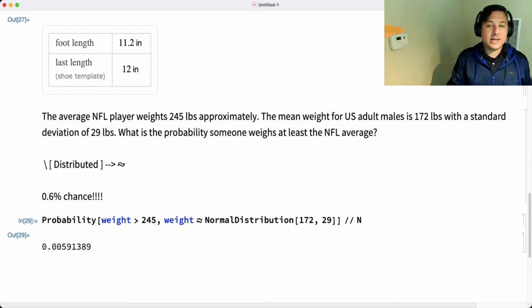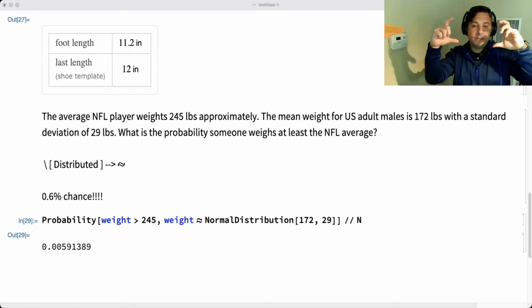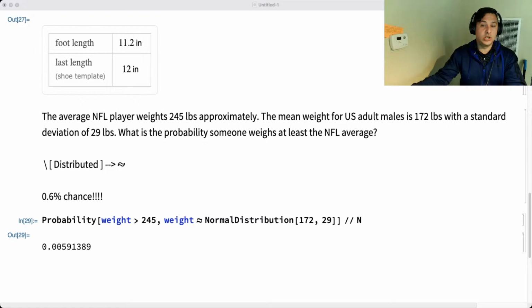So backslash, bracket, distributed, bracket. And then if you press space after you type it, it should turn it into it automatically. You're talking about right here?